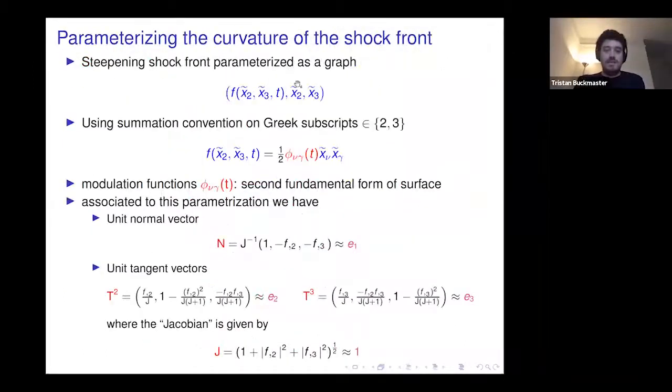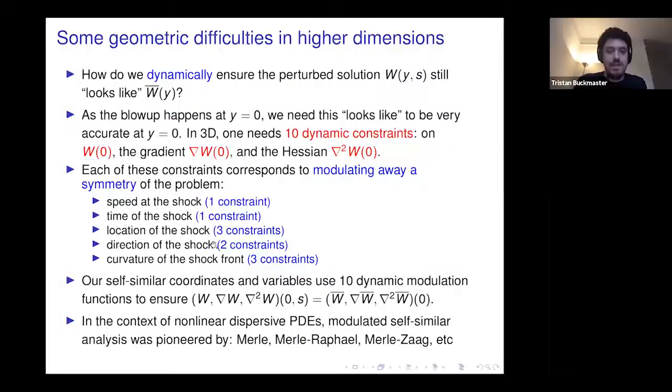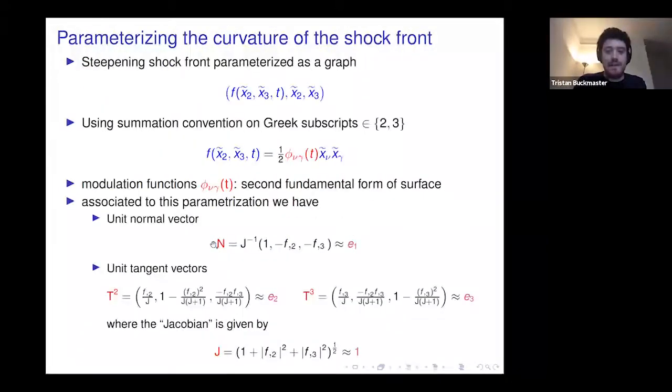We have to introduce some parameterization of the curvature, and as I said, this was a really difficult new thing that we had to deal with. That was incredibly difficult to figure out how to do, but we finally did. So this deals with the curvature of the shock.